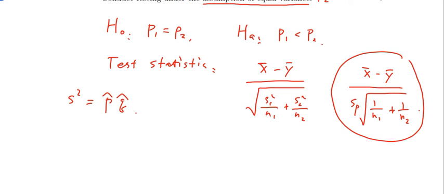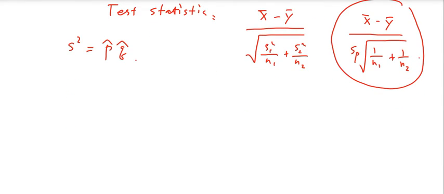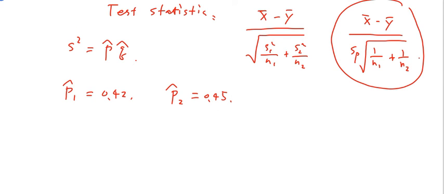So here we have two p hats: p1 hat equals 42%, p2 hat equals 45%. So SP, the standard deviation, is just the square root of p hat q hat, right?